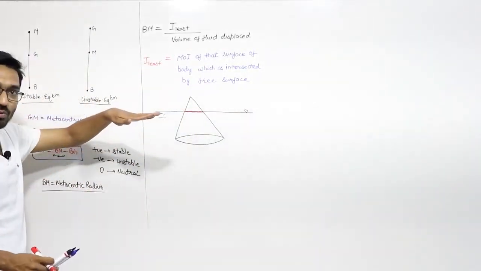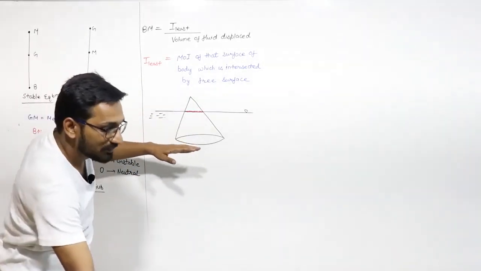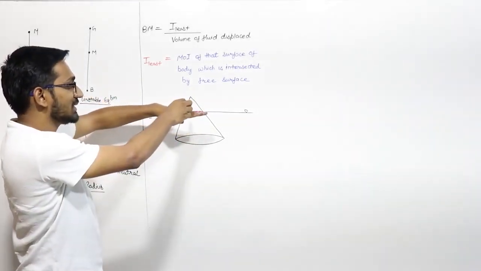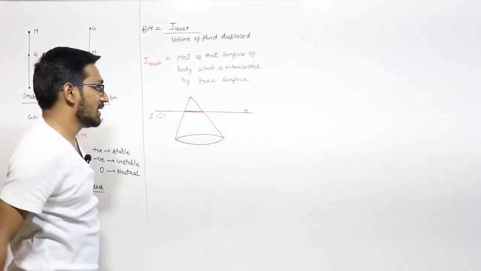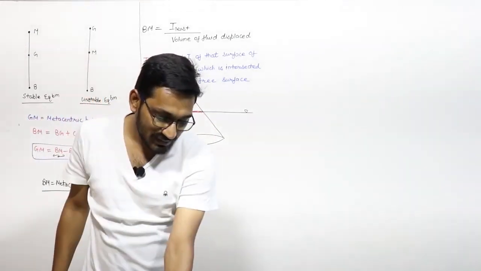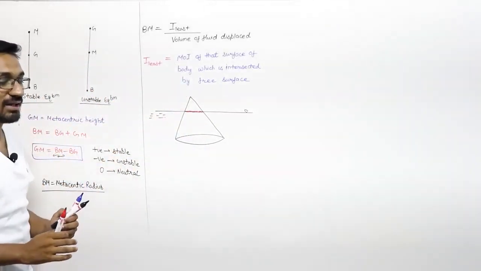A surface has two moments of inertia. If I cut this, one is about this axis, let us say the y axis, and one is about the x axis. You have to take the least moment of inertia in this calculation of your metacentric radius.